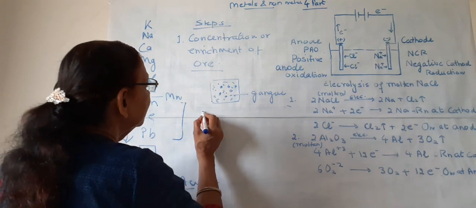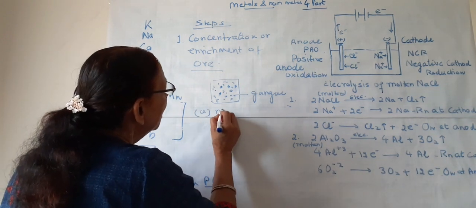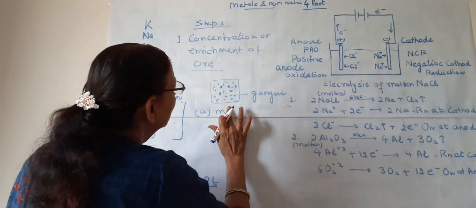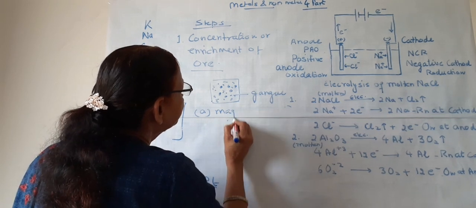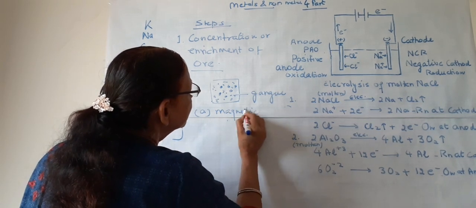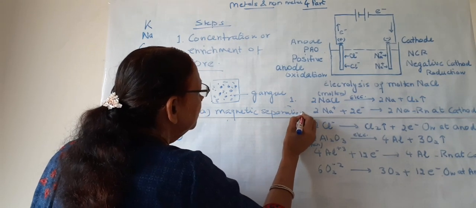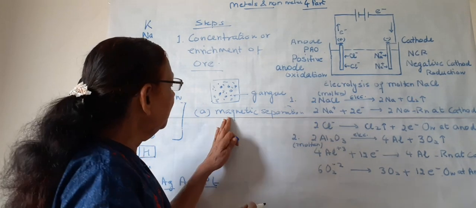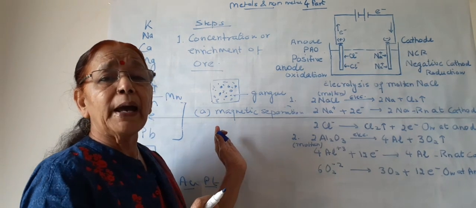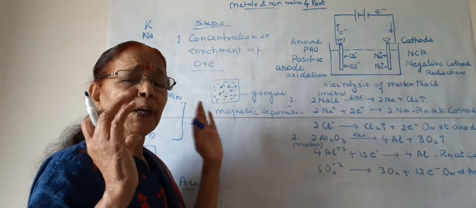So the different techniques which are used are the common techniques. It may be magnetic separation. If iron is present, iron is magnetic in nature, it can be enriched by large, big magnets.